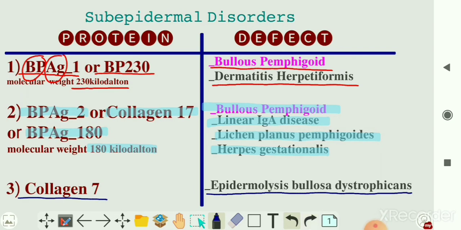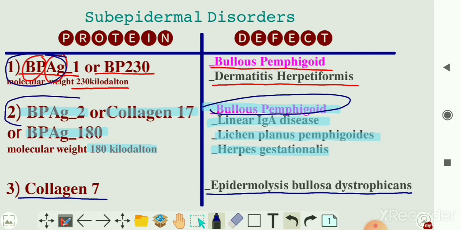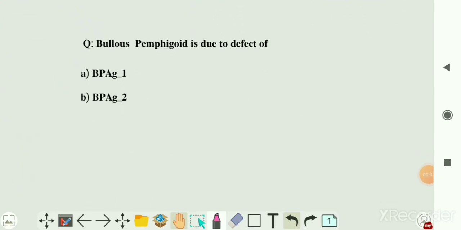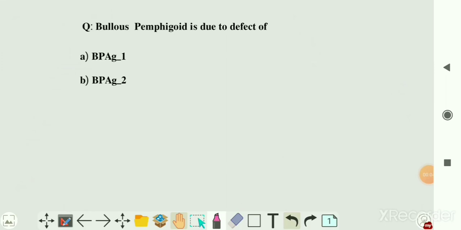Here you need to remember a very important fact that bullous pemphigoid can be due to defect in BPAG1 or due to defect in BPAG2. A question has been repeatedly asked in various examinations that bullous pemphigoid is due to defect of BPAG1 or BPAG2.